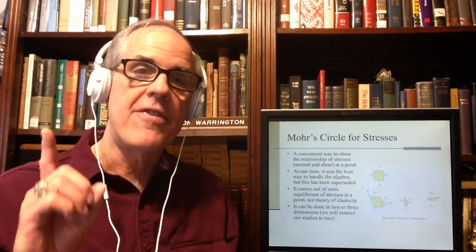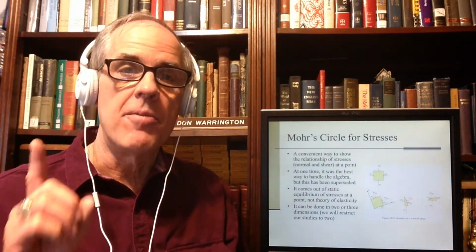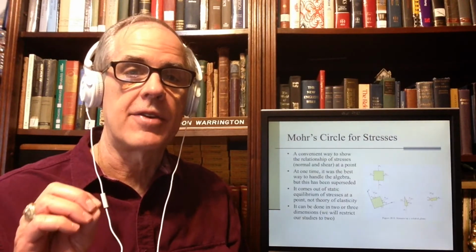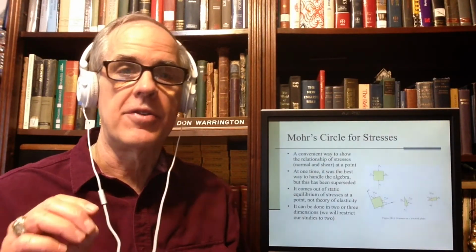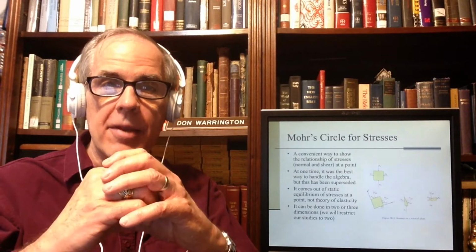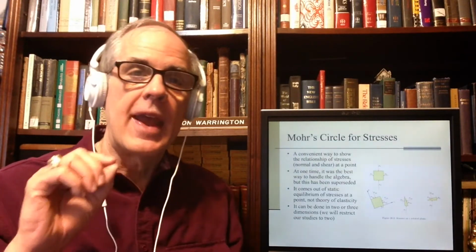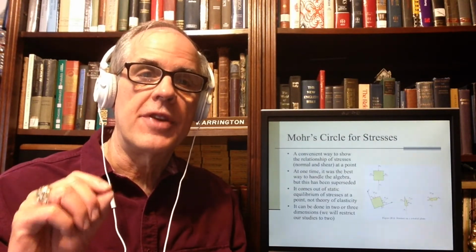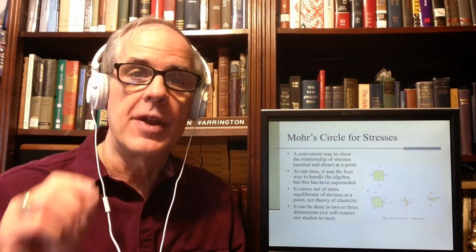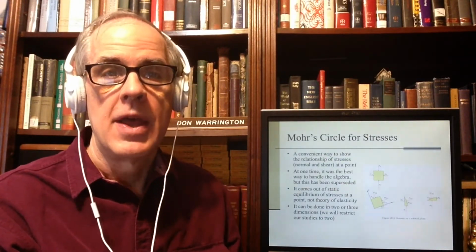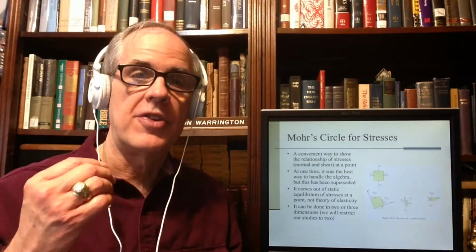But if it is not moving, in other words, static equilibrium applies here. You take a little square, or a little element in the soil. Every one of those, if it's not moving, has to be in static equilibrium. It doesn't matter if the deformation is elastic.